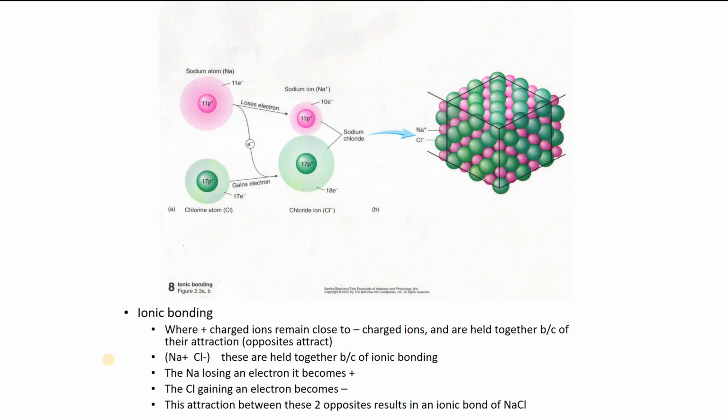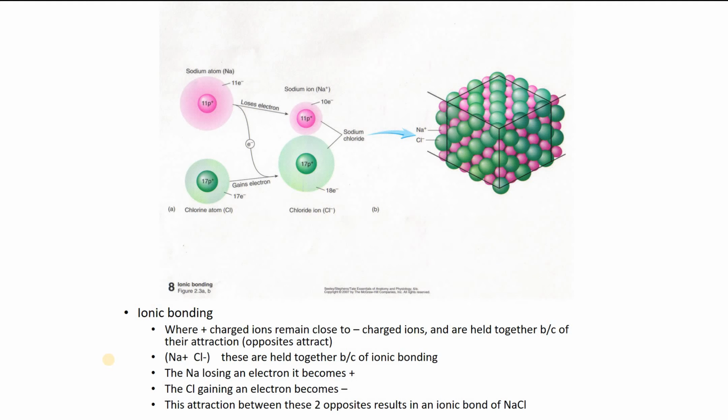Here's an example of ionic bonding. So keep in mind, ions are charges. We have positive charges, which are cations, and negative charges, which are anions. So opposites attract, so positive and negative will want to come together. That is your ionic bond.